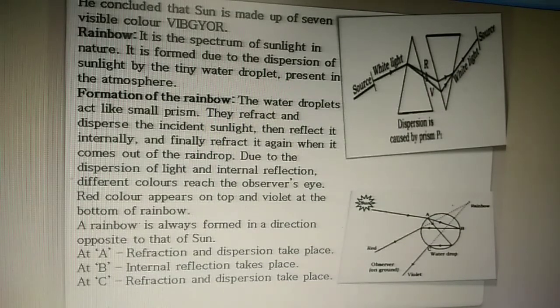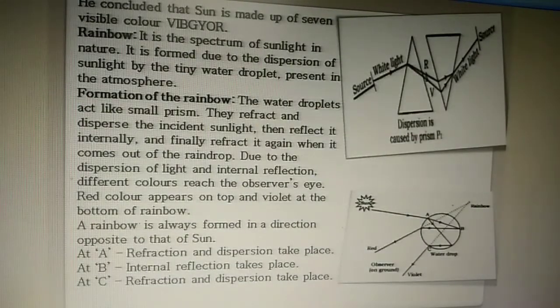Each droplet acts as a prism. Rainbow formation is the natural example of dispersion in nature. Sunlight passes through water droplets suspended in the atmosphere, then dispersion takes place and the rainbow is formed.